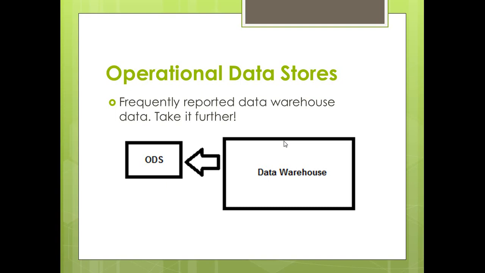So an operational data store would contain data for, let's say, the last month or the last 2 months. It's a smaller time period than the data warehouse. You could take it further, and the operational data store could only contain information for particular processes that you know are going to be analyzed. So maybe you don't need to have the entire data warehouse processed.